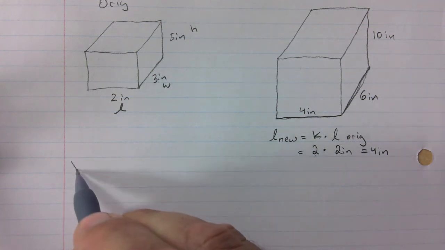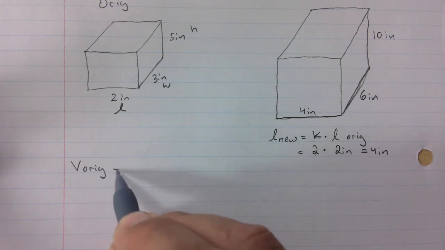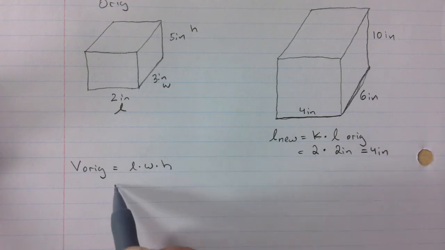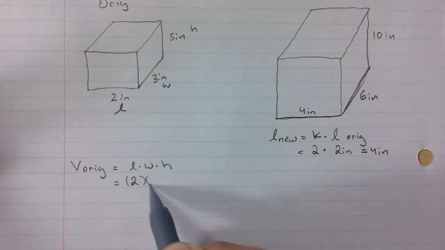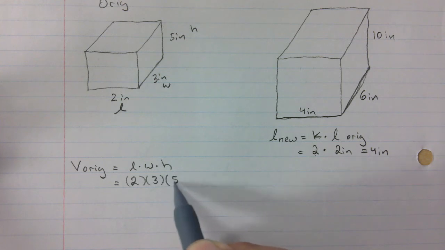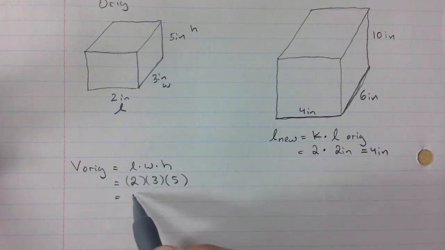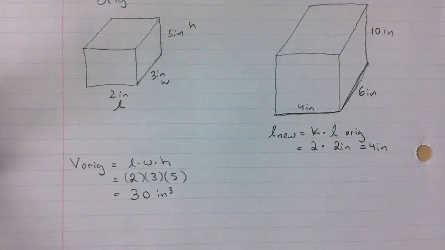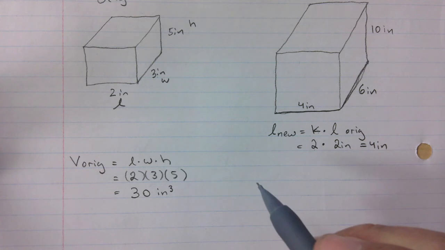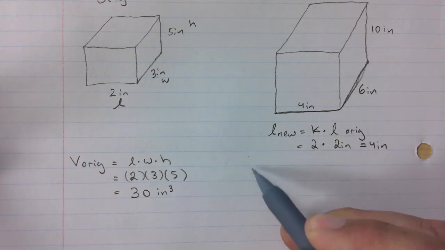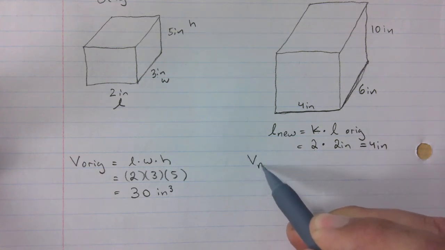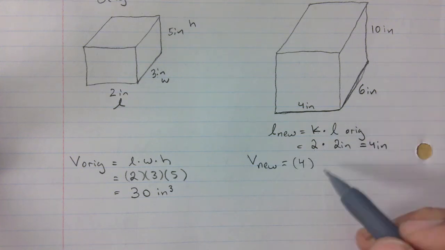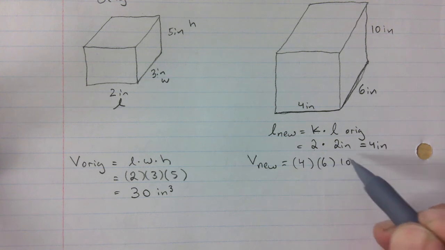So let's go ahead and find the volume of the original. It would be found by going length times width times height, and that's 2 times 3 times 5, which is 30 cubic inches. No surprises there. That's as easy as it gets, right? Volume of the new one would be 4 times 6 times 10.